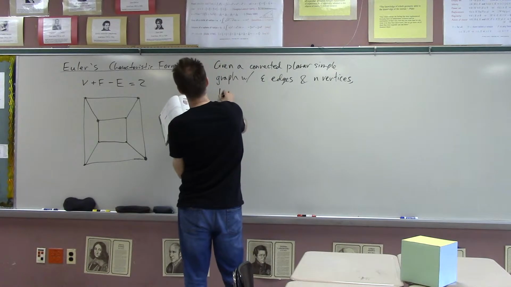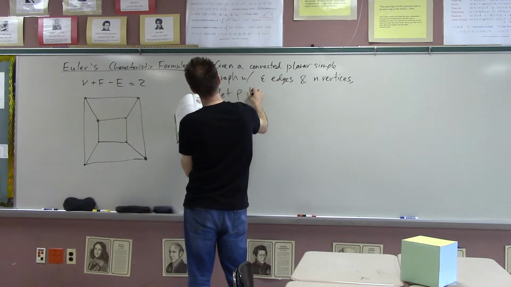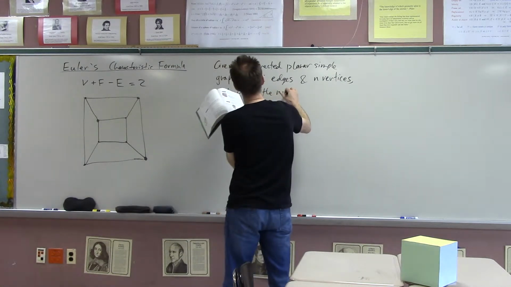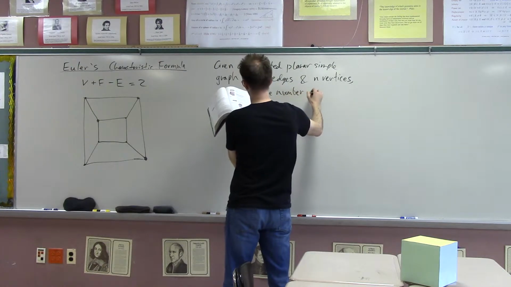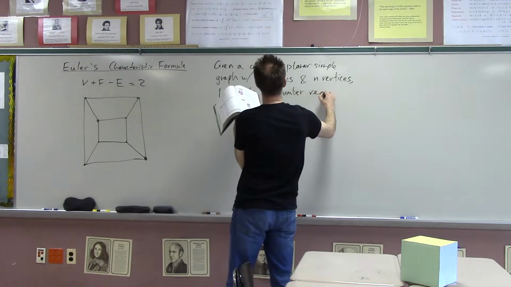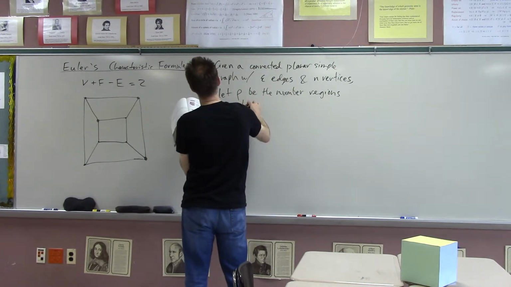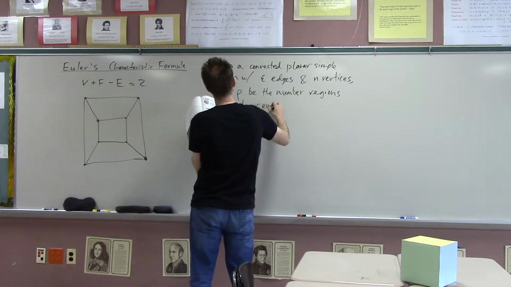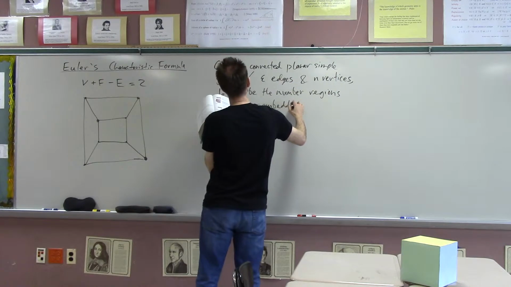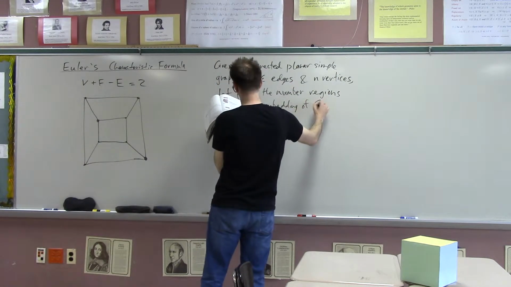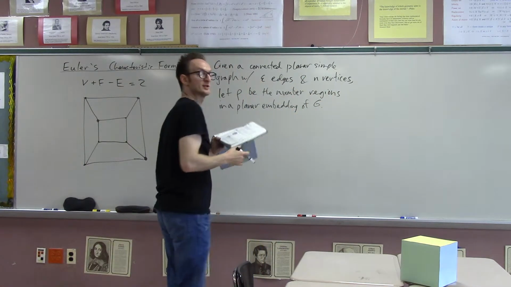We need to introduce one more notation. Let rho be the number of regions in a planar embedding, including the region on the outside.